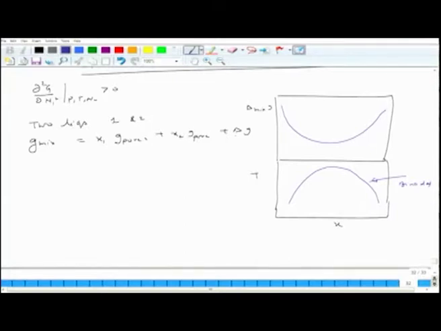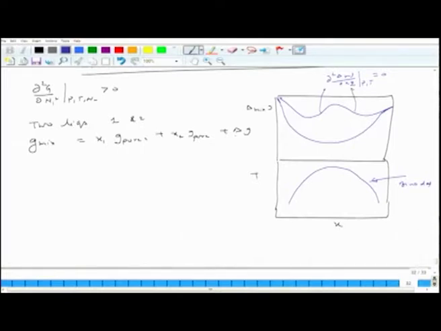Now, if you increase the temperature, you may see something like this. This part here, the second derivative at this pressure and temperature will be 0. Here also it will be 0.